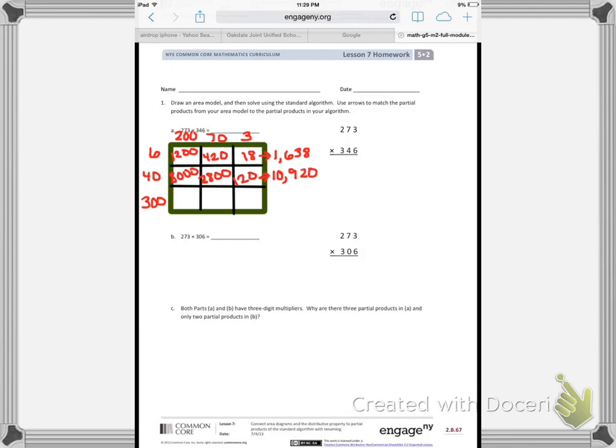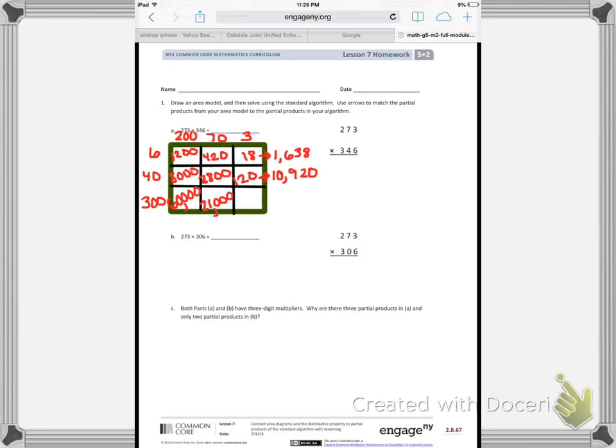We're going to do the same thing in the next row. We're going to take 200 times 300, so 2 times 3 is 6, and we have 4 zeros, so 1, 2, 3, 4. So 200 times 300 will be 60,000. 300 times 70, 3 times 7 is 21, and we have 3 zeros.